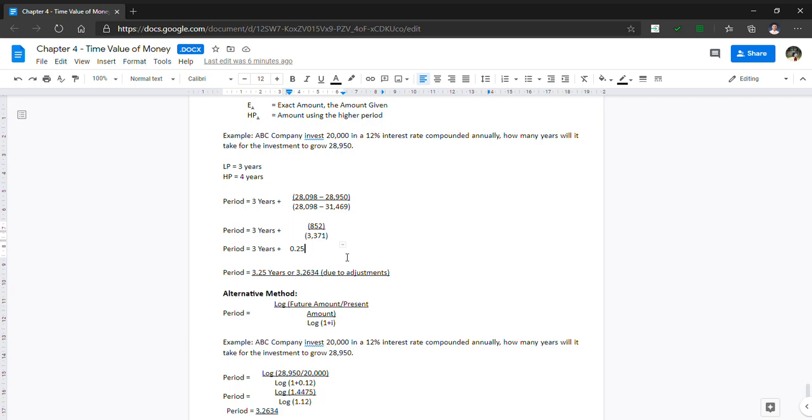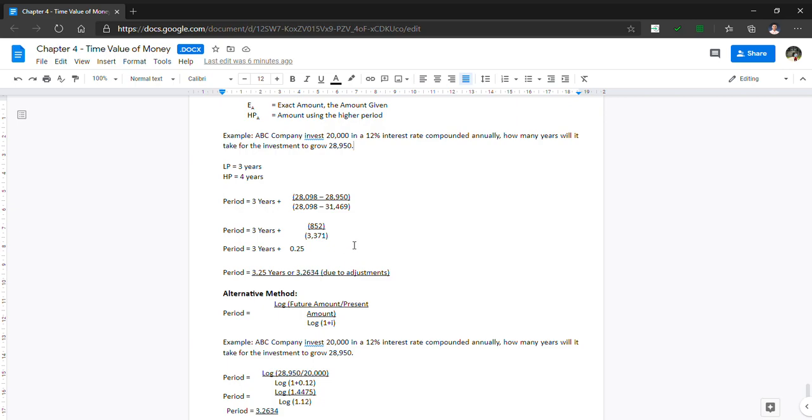So, let's try yung 3.25. So, 1.12 raised to 3.25 to get the future value factor of 1.4453 multiplied by 20,000 to get 28,906. Okay. So it is a little bit lower kasi nga due to rounding off yun. So yung 50 that is already immaterial. Pero kapag hindi natin rin-round off, ang makuha natin is 3.2634.